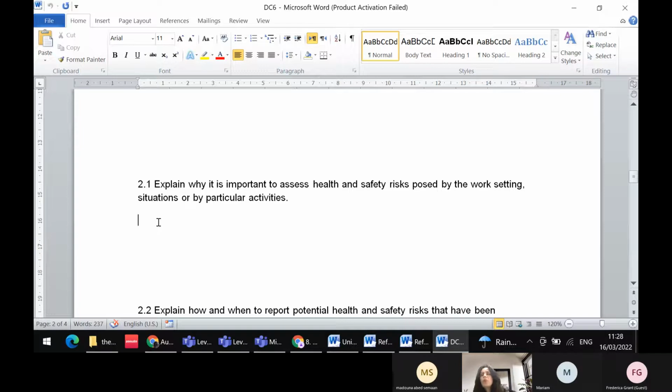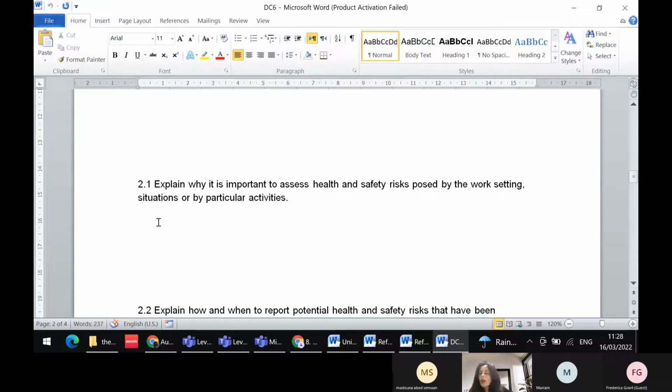That's why I do proper risk assessment. Why? You can give 3 examples. Just say, if I do manual handling, I need to have proper training, for example. Otherwise, I might make the people fall and hurt themselves.